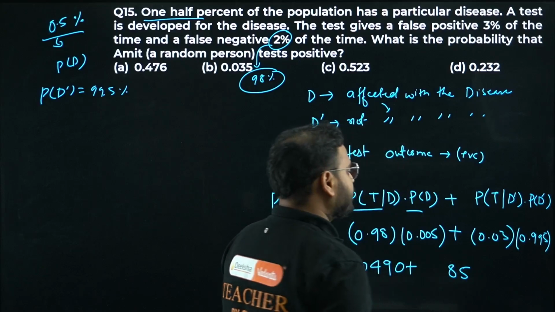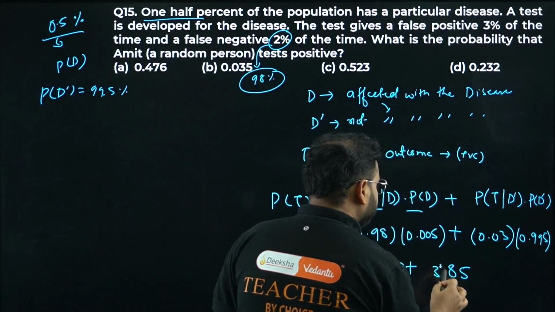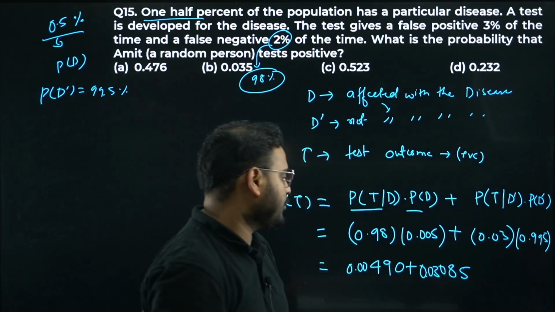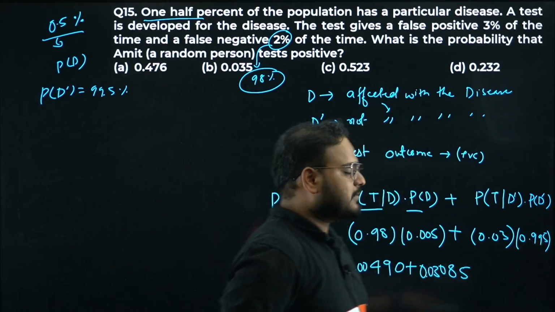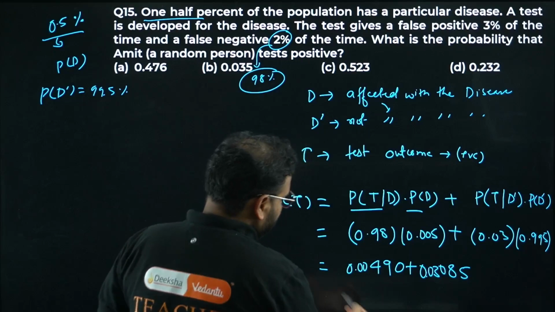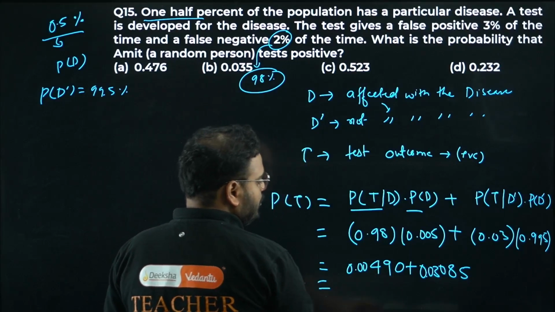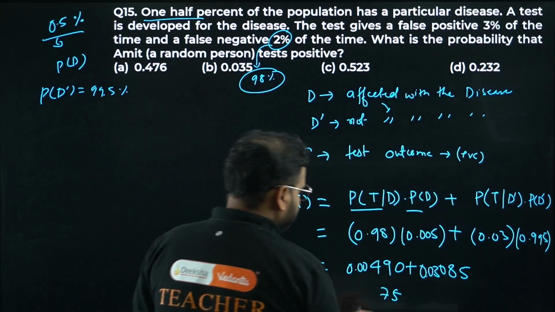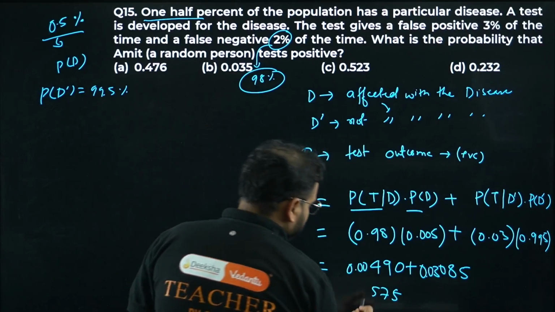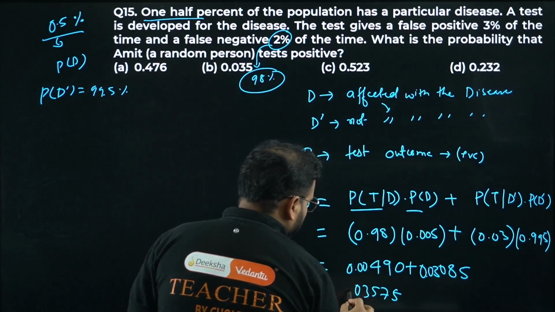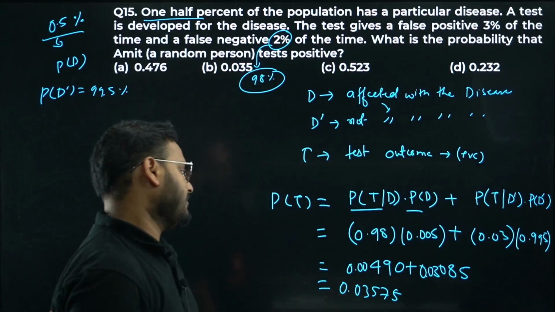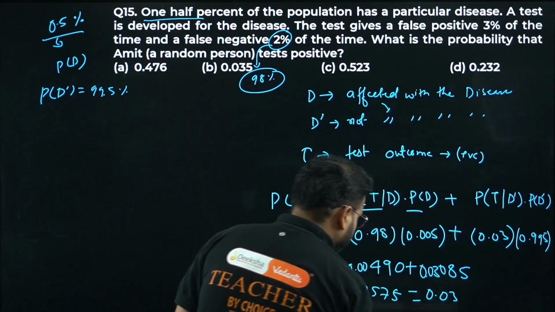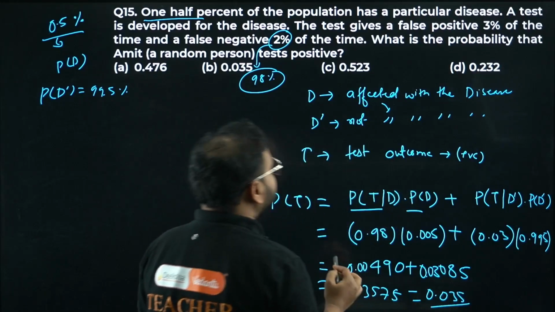We have 0.03085, because we have 2 plus 3, 5 decimal places. Now if we add them, we have both 0.5 decimal places only, so we'll have 5 over here. 9 plus 8 is 7, and 4 plus 1 is 5. We have 0.0357. Basically I can write this as 0.035, that is enough.